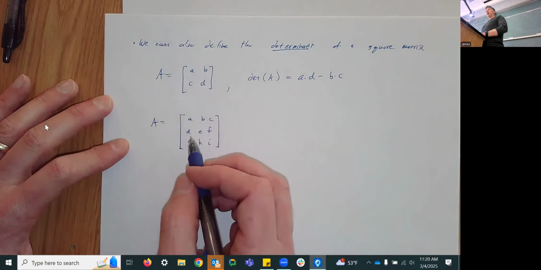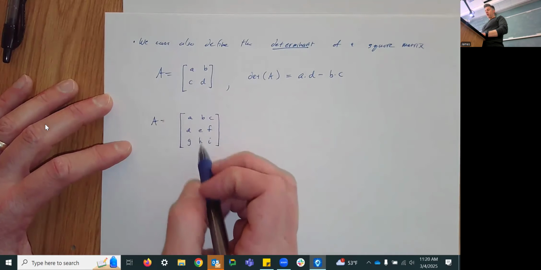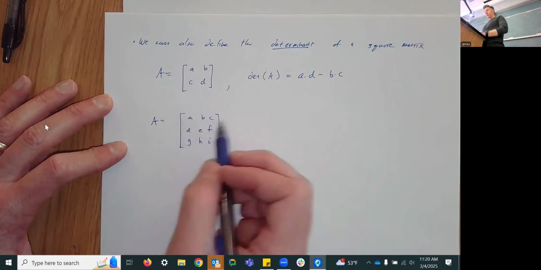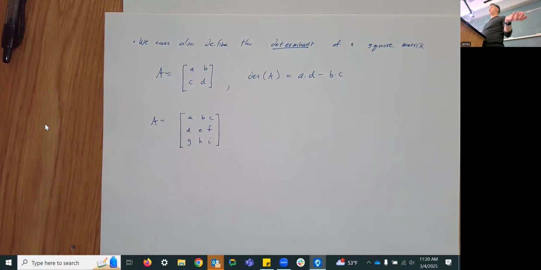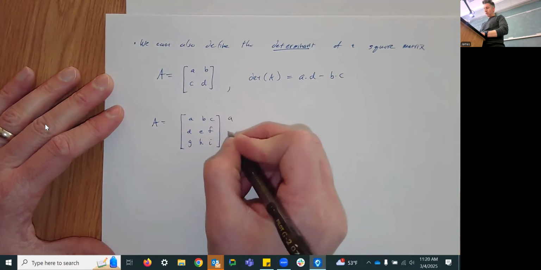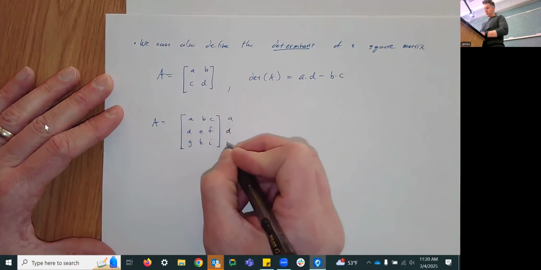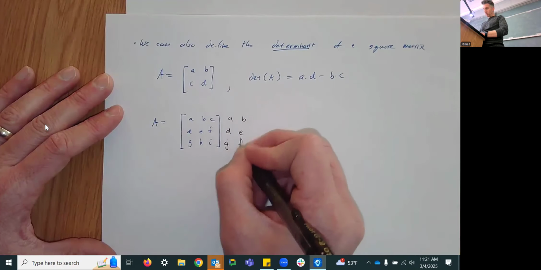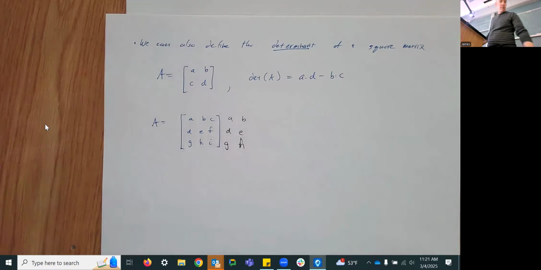You take either the first two columns and write them again next to the matrix, or the first two rows and write them below. I prefer to use the columns, as most people do. So over here, next to the matrix, I'm going to write the column A, D, G, and B, E, H. Can I see the letters correctly? Maybe. And then here's what we do.